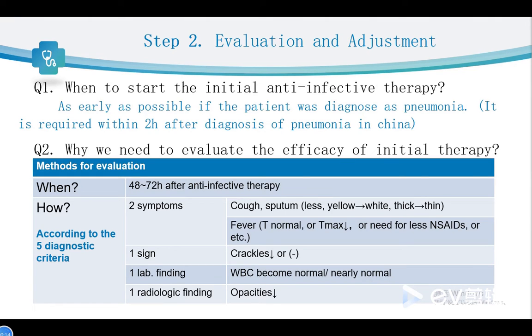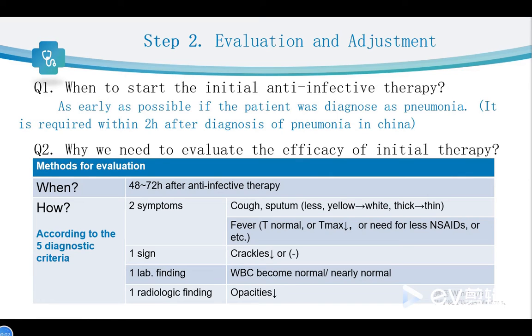And question 2: how to do this evaluation? We can do a review of the 5 diagnostic criteria of pneumonia. And according to these criteria, we can finish the evaluation.